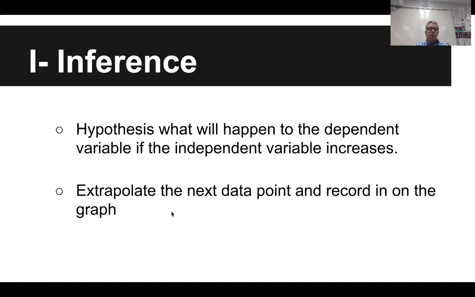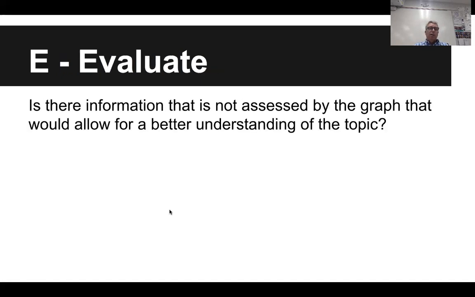That's our extrapolation. The next thing we want to do is evaluate. Is there enough information? Is there information that is not assessed by the graph that would allow for a better understanding of the topic? One of the most common answers I get is that if we had more data points, that is not a good evaluation statement, because more data points might fill in some blanks, but it's not going to help us understand that topic any better, right?